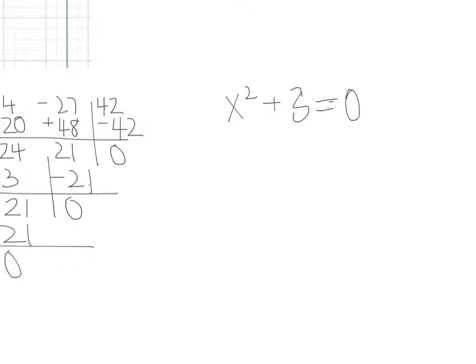equals 0. We subtract 3 from both sides. We get x squared equals -3. Take the square root of both sides.